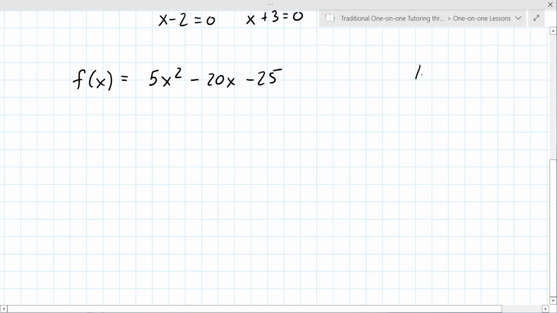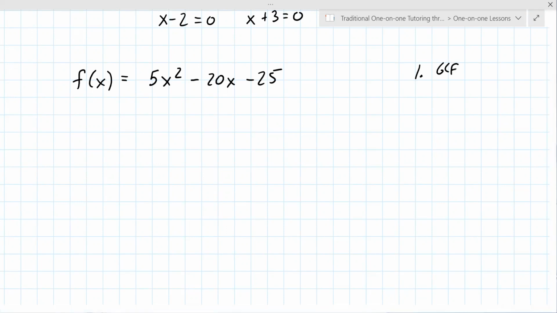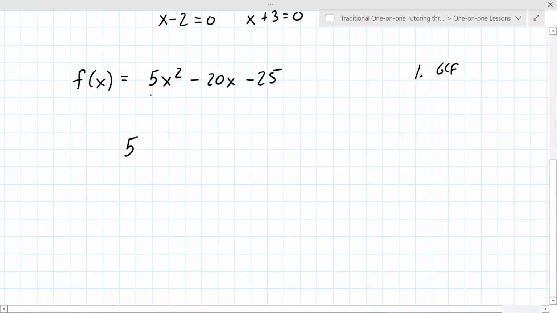You want to first factor out the greatest common factor. What would that be in this problem? 5. Yeah, so 5 goes on the outside, and then you're literally dividing each of these by 5. What goes inside parentheses? X squared minus 4x minus 5.